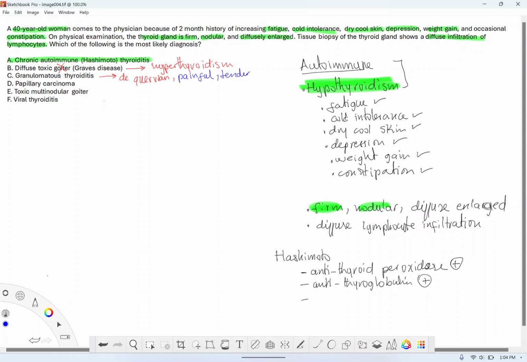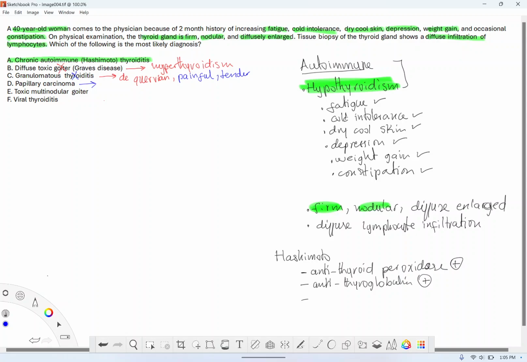In acute and subacute thyroiditis, the first symptoms are always hyperthyroidism, followed by hypothyroidism. So in granulomatous thyroiditis I should expect hyperthyroidism followed by hypo, but this is unlikely, so not a good choice.